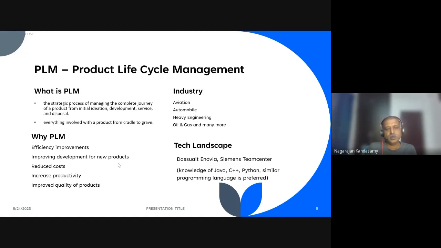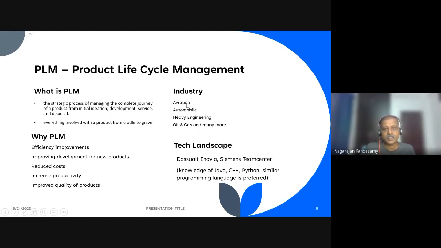The only thing is, every organization, depending upon the size, whether it is a tier 1 or a tier 2 company, can choose which software is ideal for their company. This is more on the customer side I'm referring to, not the design engineer side, because each company has certain reasons to implement a particular PLM software.